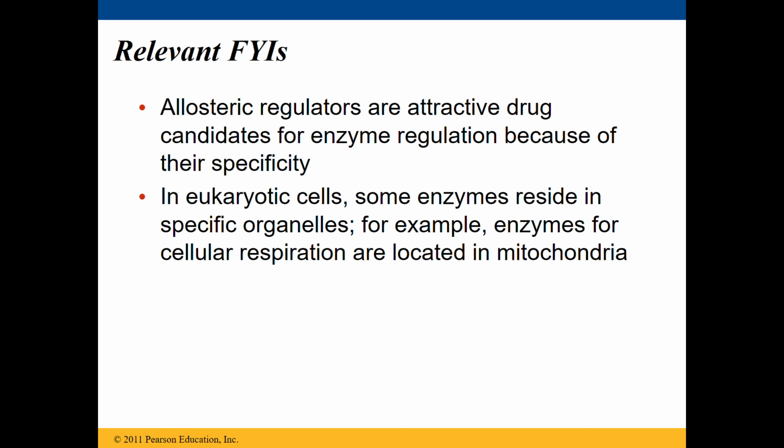Okay, so some relevant FYIs. Allosteric regulators are attractive drug candidates for enzyme regulation because of their specificity. And in eukaryotic cells, some enzymes reside in specific organelles. I already mentioned that there are enzymes that work in the lysosome because there's a low pH in the lysosome, high hydrogen ion concentration.